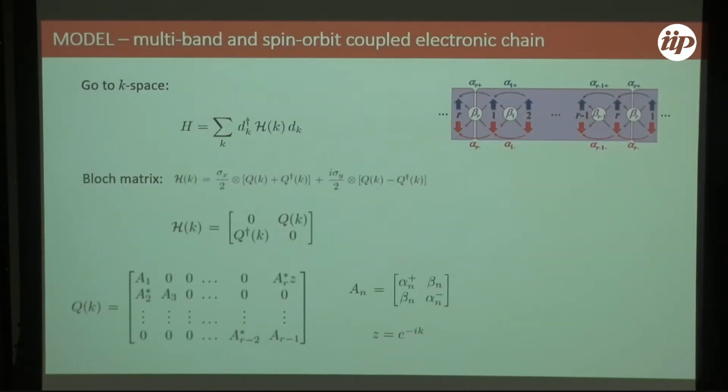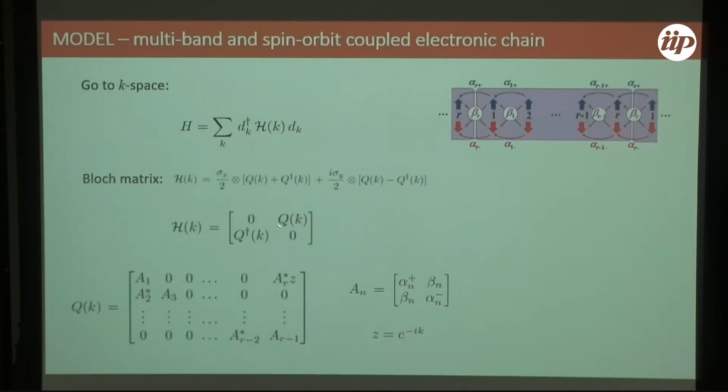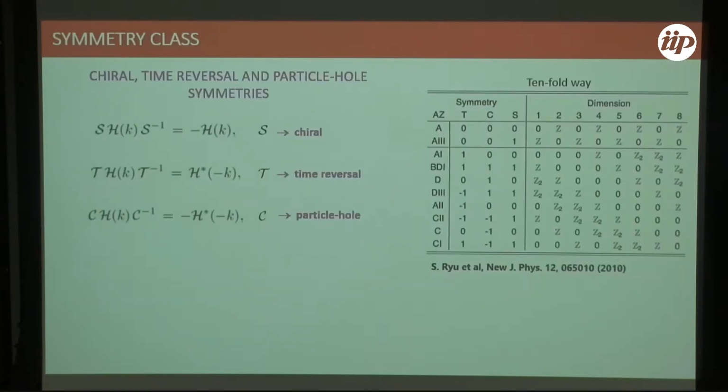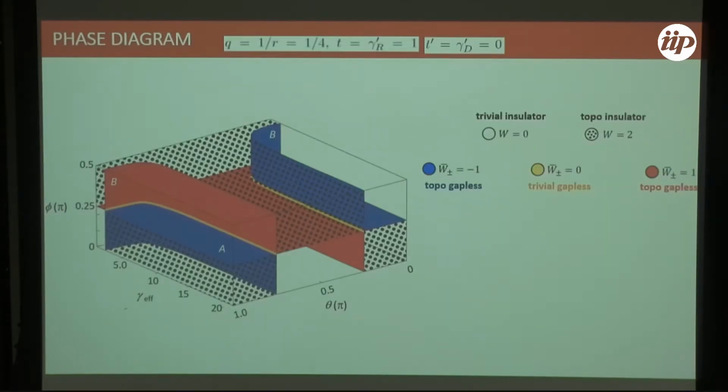It has to do with the winding of this Q matrix on the complex plane, or rather the winding of the determinant, which is a complex number. It is the way this complex number winds around the origin. It is a quantity that we can compute. That's what we do, and we find this phase diagram.